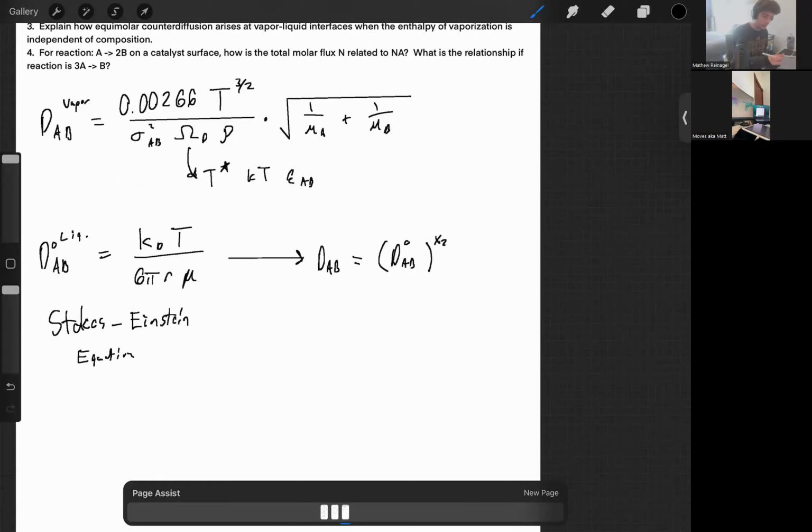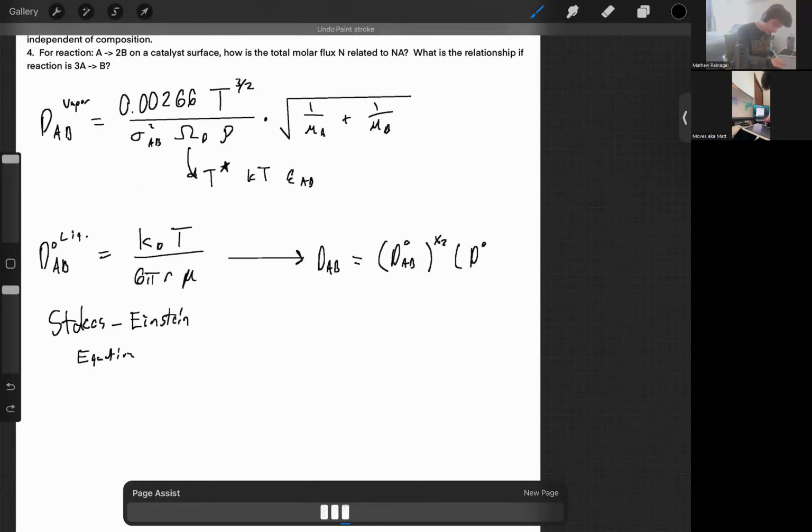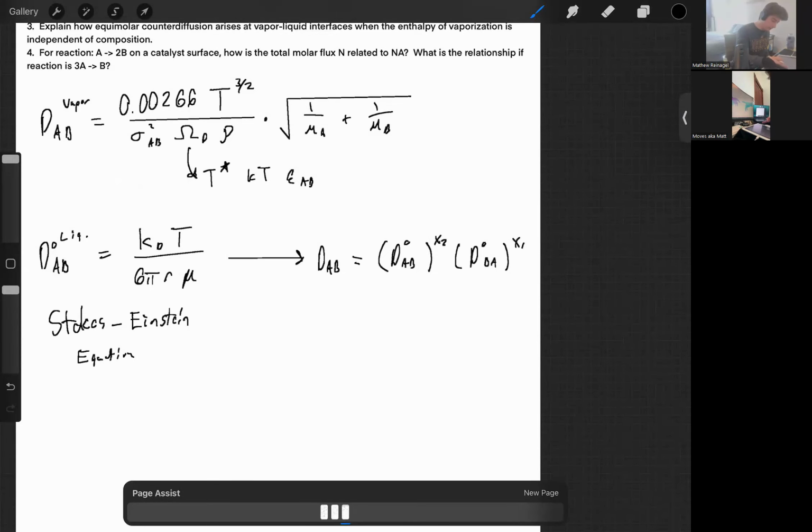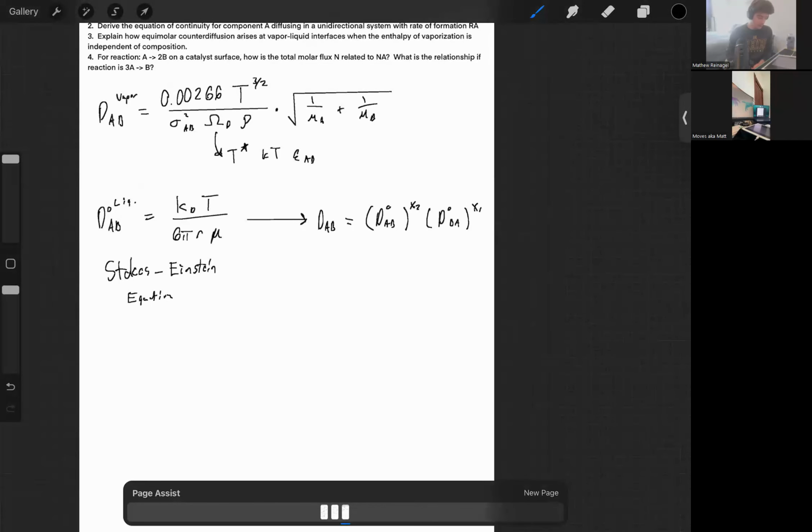That's what X is in this case. And then this is multiplied by the infinite dilute diffusion of B and A multiplied by the molar fraction of 1. You can also see this one is impacted a lot more by the viscosity of the system.